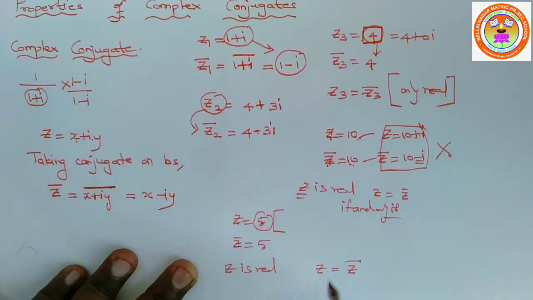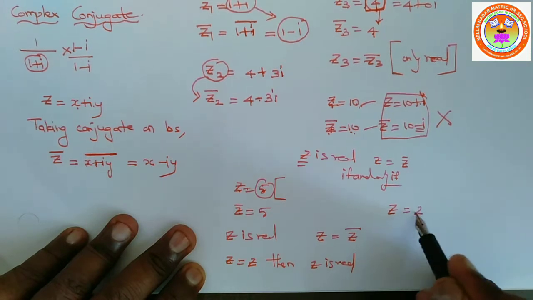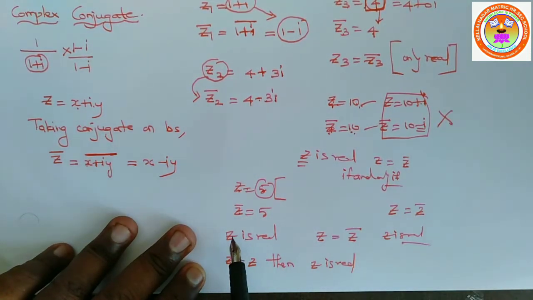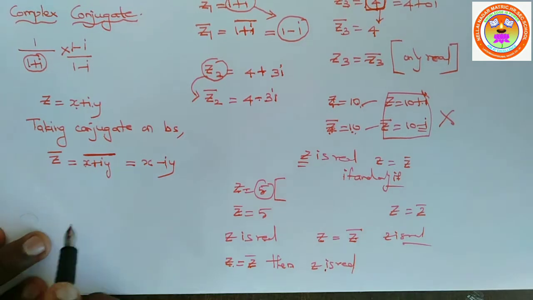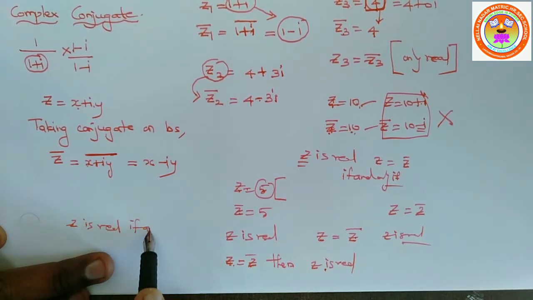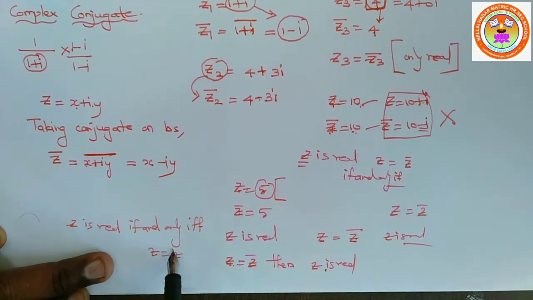We will also use it the other way: if I say Z is equal to Z bar, then Z is real. Suppose Z is equal to Z bar, then I can say Z is real. So in one word we will say Z is real if and only if Z is equal to Z bar.